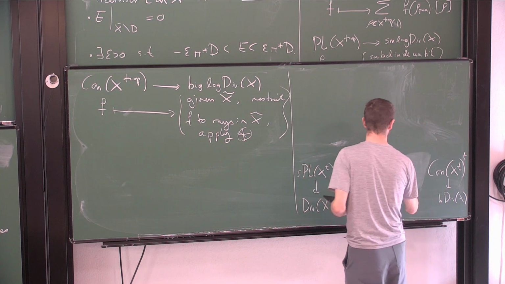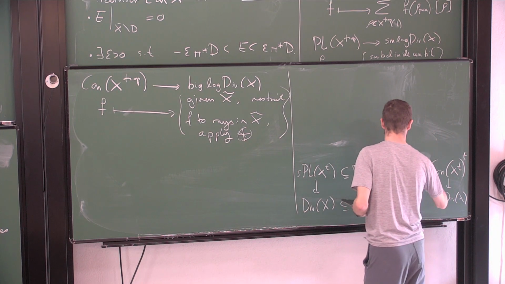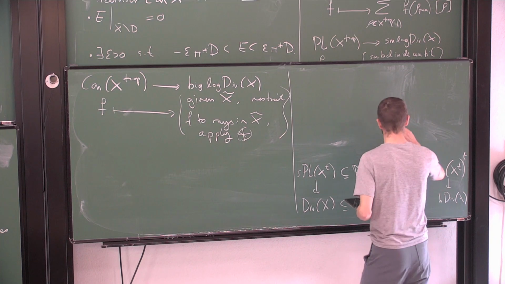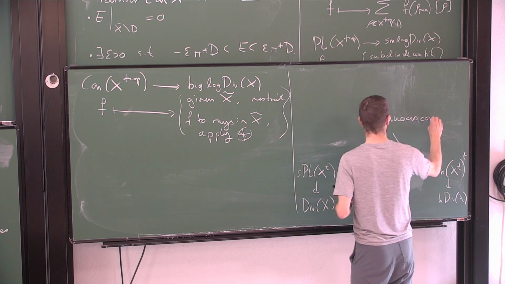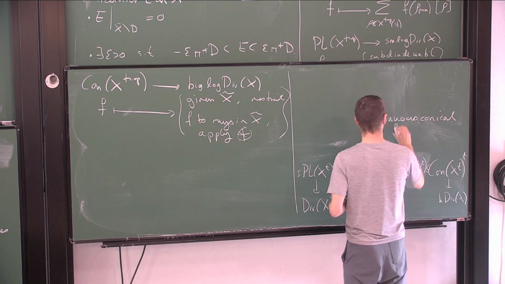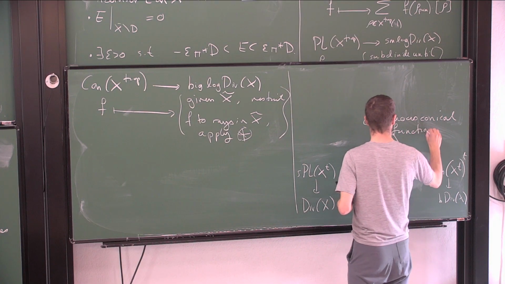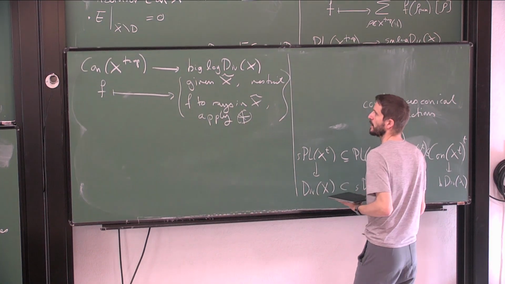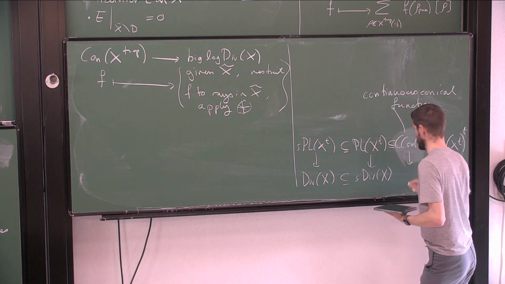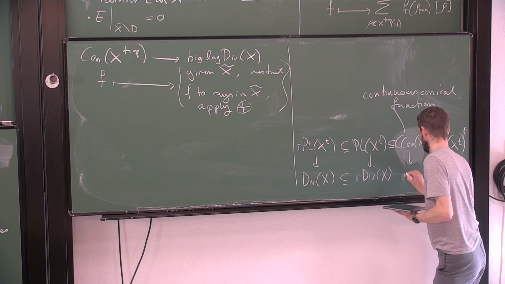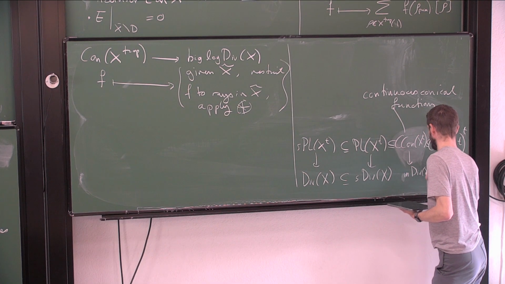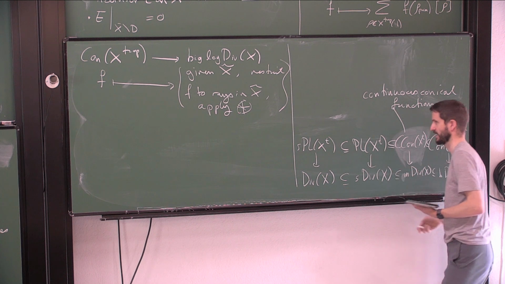So inside here, you've got the continuous conical functions. These map to the medium divisors of x, and everything is again compatible.